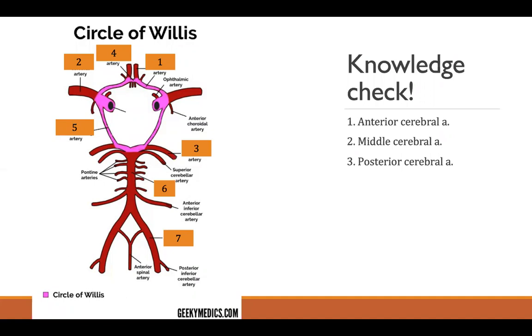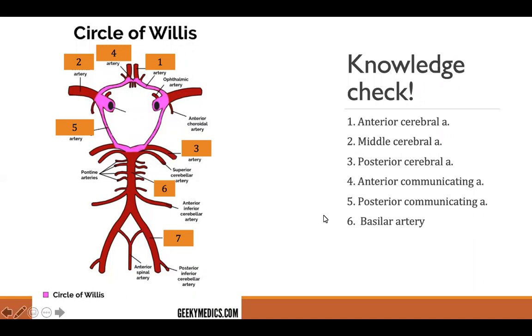Perfect, there is consensus. And 7, vertebral. Well done, guys. So 4 is anterior communicating, 5 posterior communicating, and 6 is basilar, the main one that runs down the middle, and then the vertebral arteries on both sides. This is just one side and there's a parallel one on the other side. And there are various smaller branches coming off.